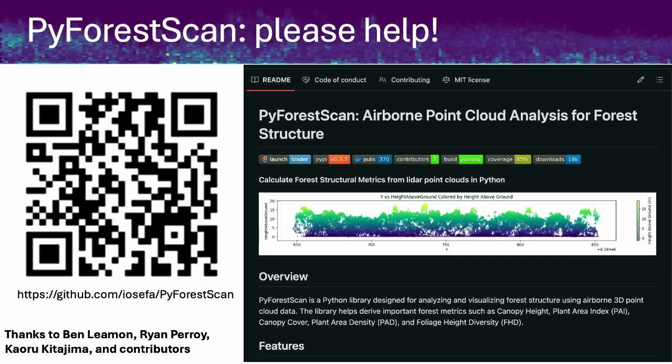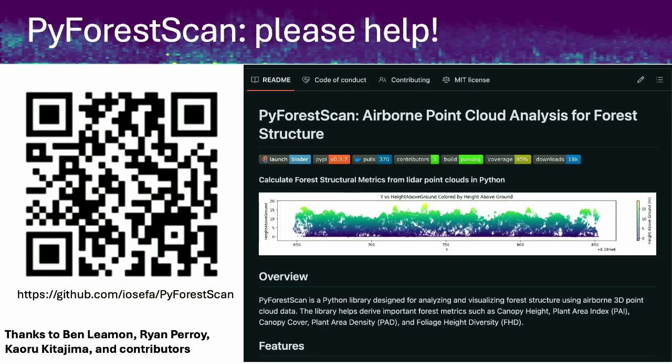Okay, thank you for your presentation. In our countries, we can obtain the LiDAR point data as open data, but they just include X, Y, Z points, so we don't have return numbers or number of returns. So it's terrible. I have a question. Is it possible to use PyForestScan without such properties? It actually is.